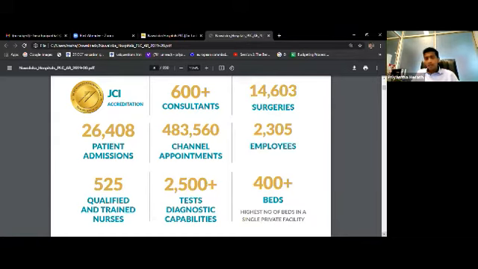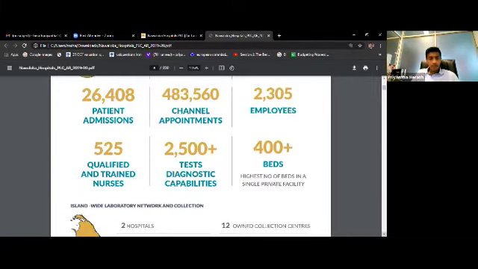But as I can remember, Apollo Hospital and Lanka Hospital have around 500 beds, as I can vaguely remember. Anybody from Lanka Hospital? But they say the highest number of beds in a single private facility, in one location, 400 beds.